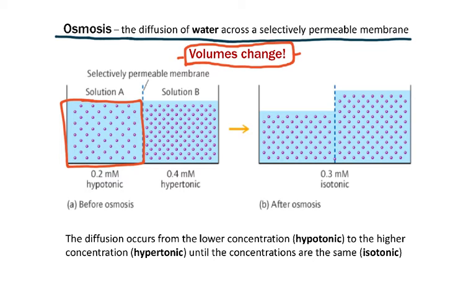So diffusion occurs from the lower concentration, hypo, to the higher concentration, hyper, until they are isotonic. Now, I'll make this point again later, but that's from the view of solutes. If we take the view of water, which is the thing that's moving, notice more of the total solution is water.